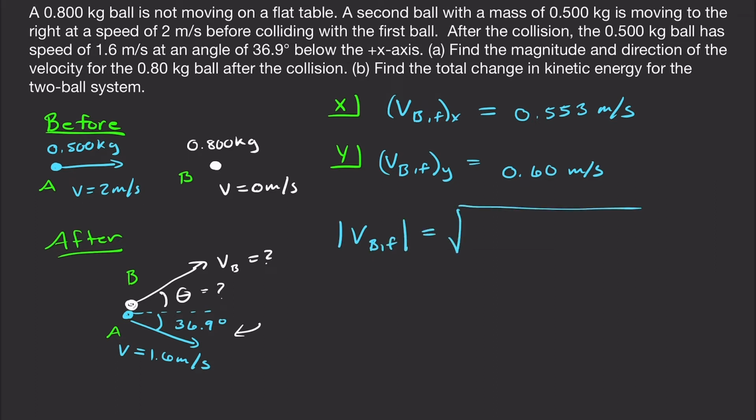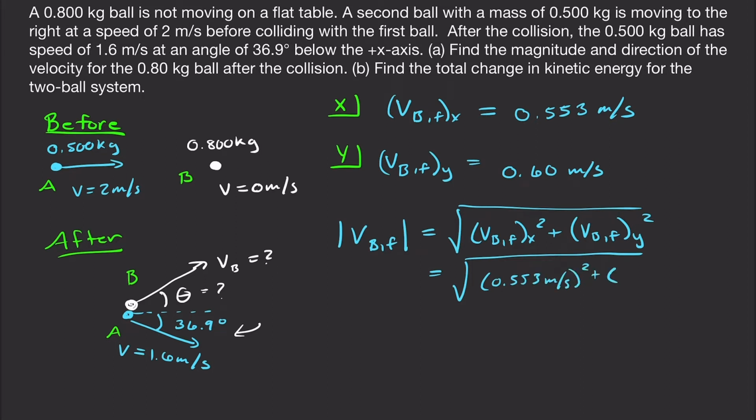So we just take the square root of VBFx squared plus VBFy squared, or 0.553 meters per second all squared plus 0.6 meters per second squared. If we do that, we get 0.816 meters per second. So we'll round that up to 0.82 meters per second.